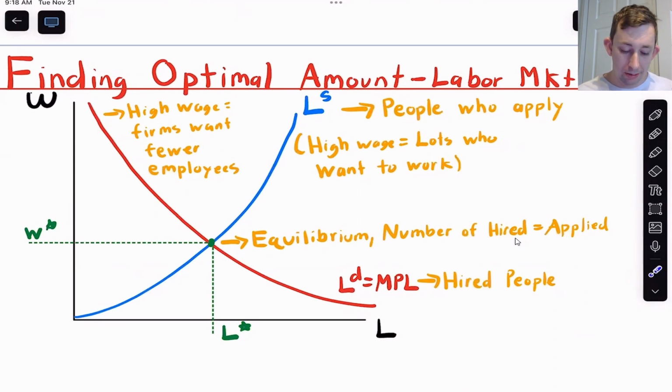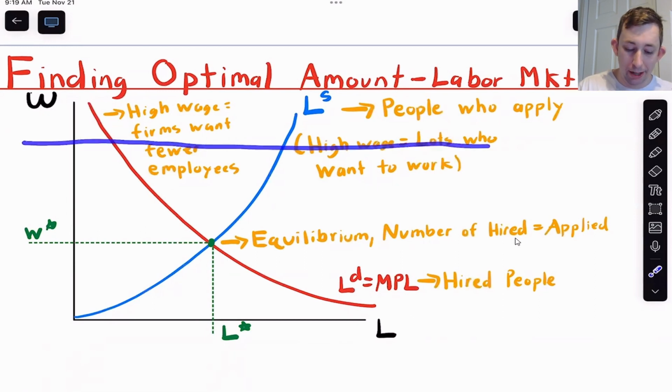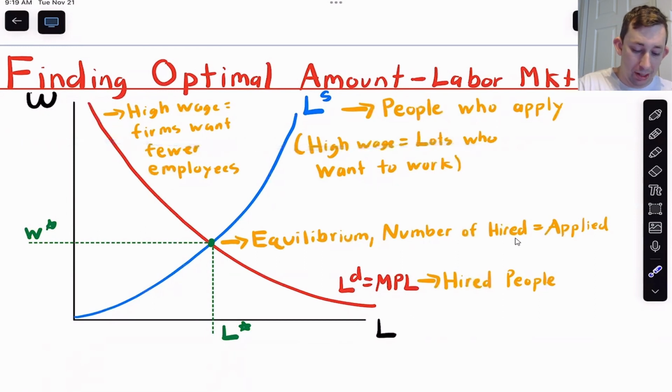The reason this is going to look a little different is because this is the firm side. So labor demand is actually how many workers Bill wants to hire, and labor supply is how many people are outside Bill's coconut farm wanting to apply for the job. So if we think about the wage, or those $5 that we paid Leona, and the number of Leonas applying for this job, notice that when the wage is really high, like this wage level right here, firms don't want to hire a lot of Leonas because it's really expensive for Bill to hire another person.